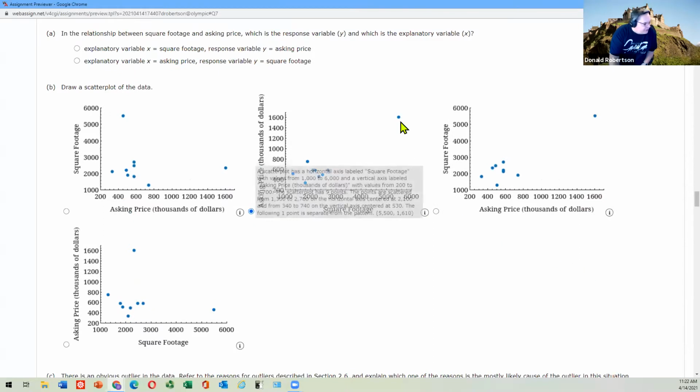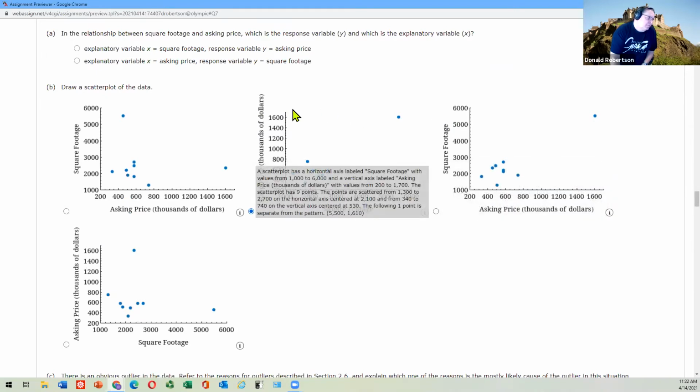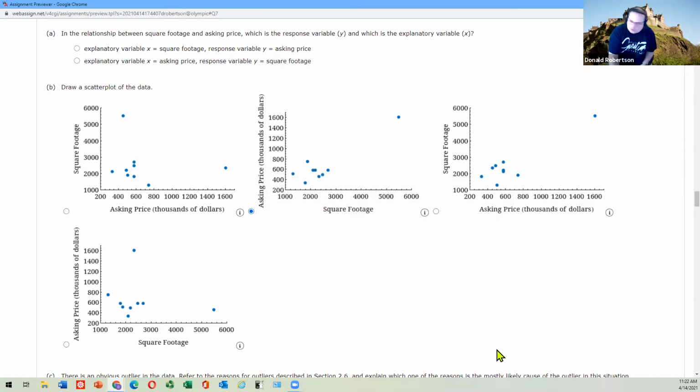So what does this data say? It's a house that's 5,000 odd square feet, and it's going to cost you 1,600,000, right? I think you call them McMansions? I think I've heard that term.